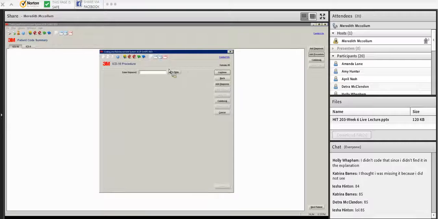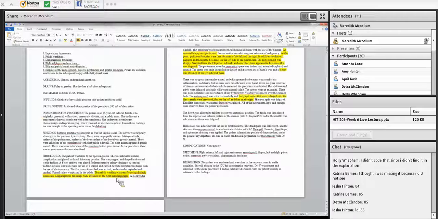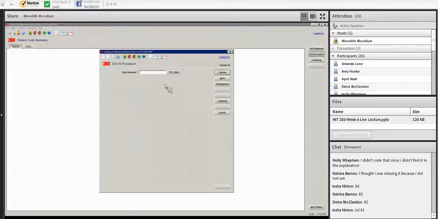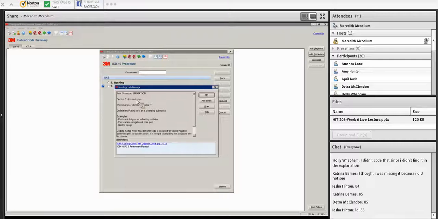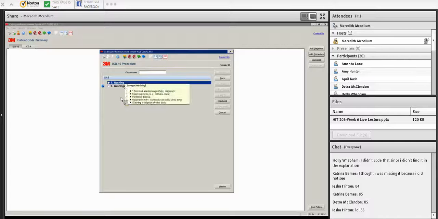The first thing they did was the pelvic washings. If I pull up, it was done right here: the pelvic washings were sent for pathology evaluation. So I'm going to do washings, and it was diagnostic because they're sending it to cytology. I'm going to go with washings, because I don't know if that's going to take me the correct way.